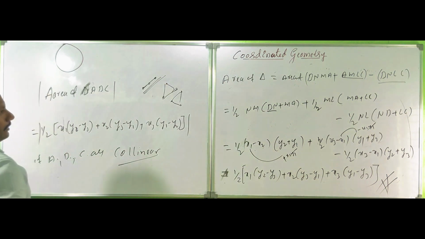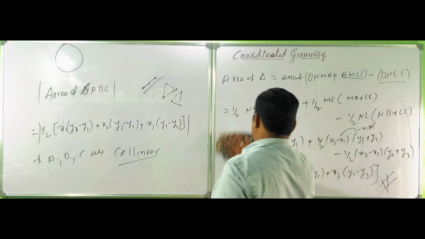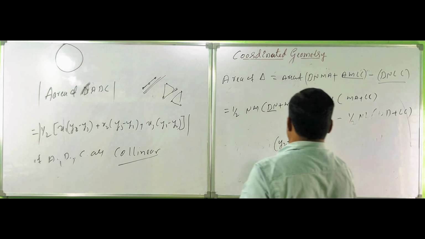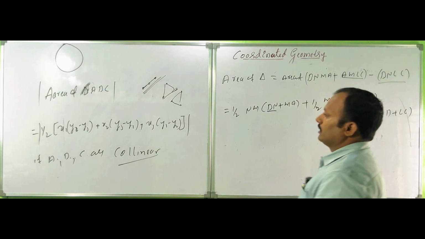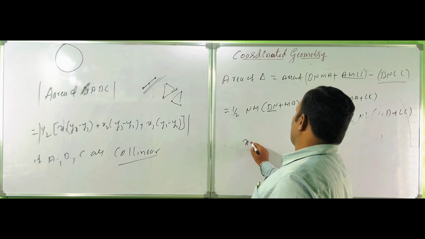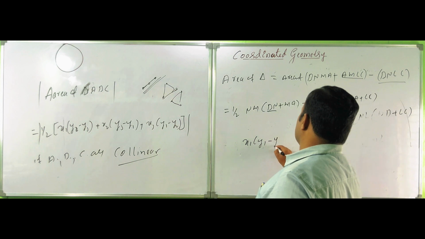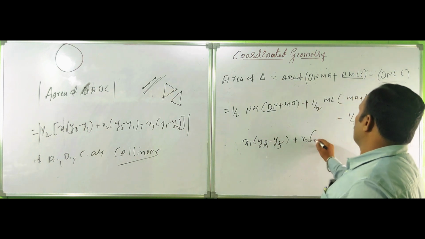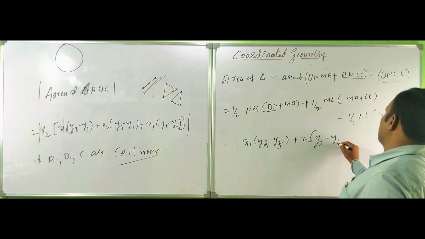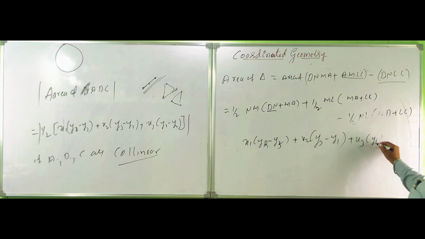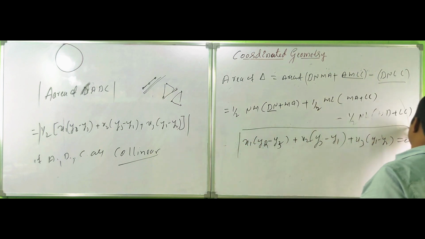Therefore this equation becomes 0: x1 y2 minus y3 plus x2 y3 minus y1 plus x3 y1 minus y2 is equal to 0 for collinearity.